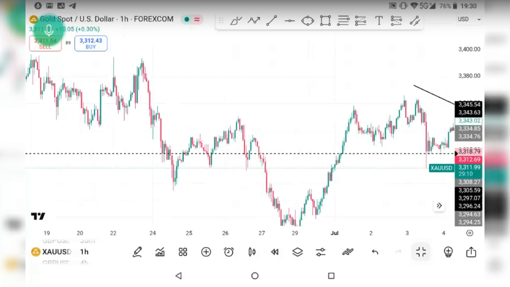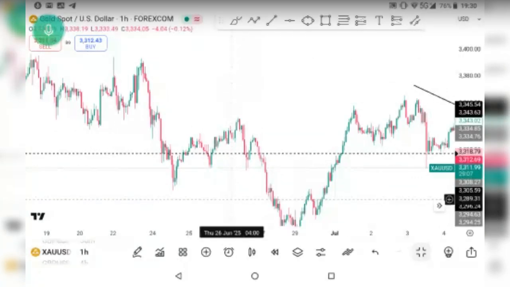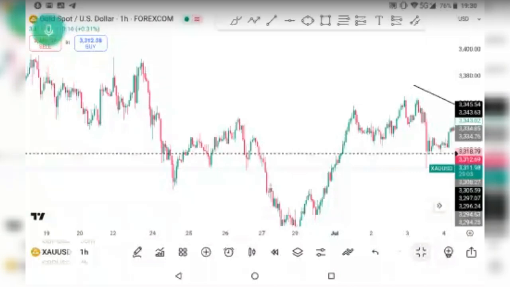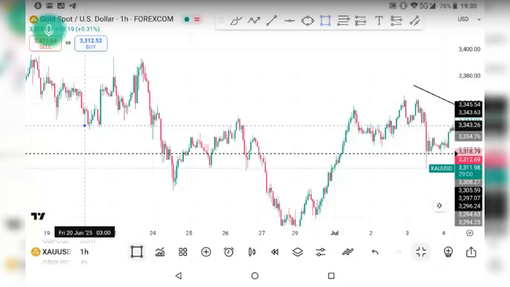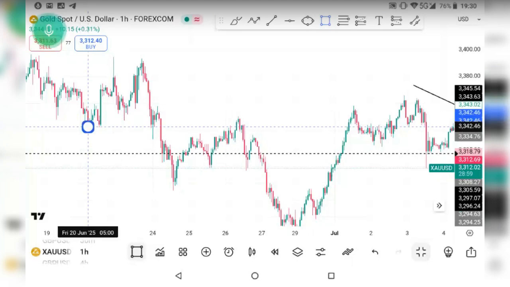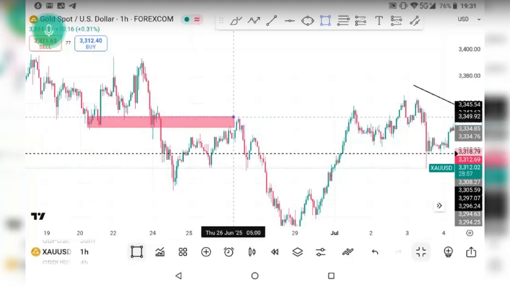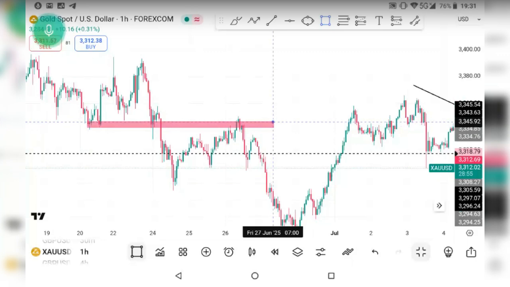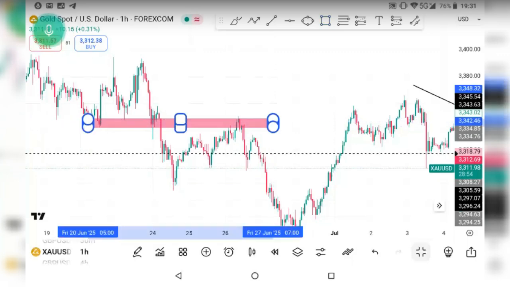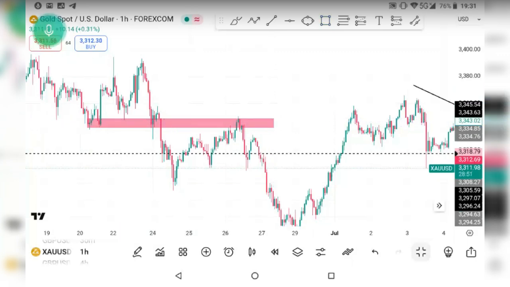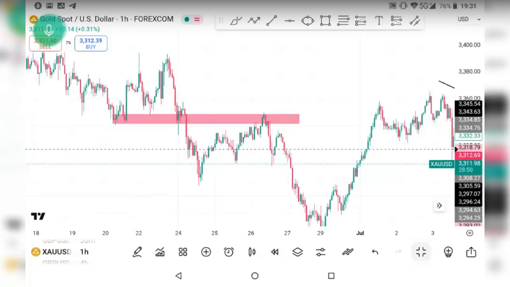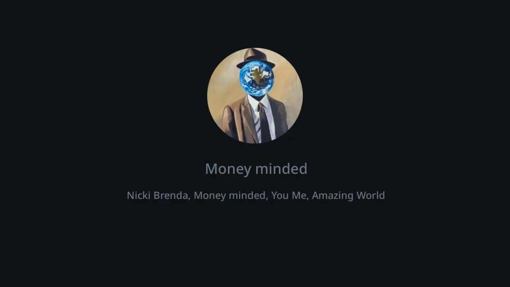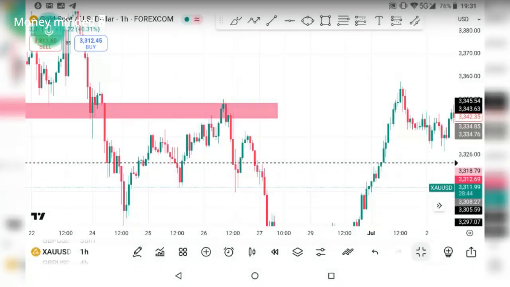Let me show you guys another confirmation before we look for the bullish. If you see here now, this is a resistance area to take a sell to the downside on the 1 hour time frame. So if you look at it very well, the confirmation pattern we have here again is another bearish engulfing confirmation pattern.